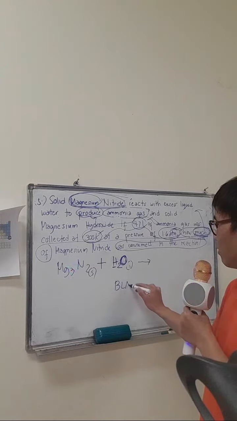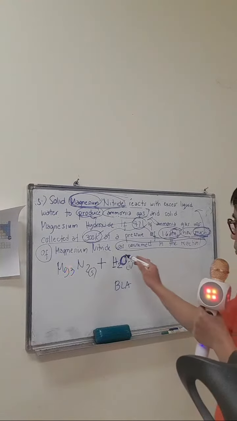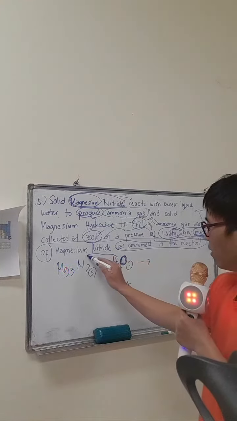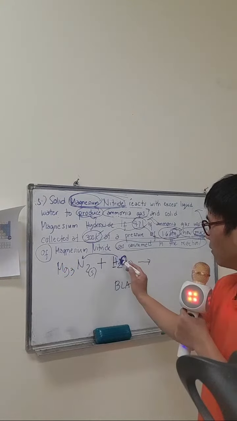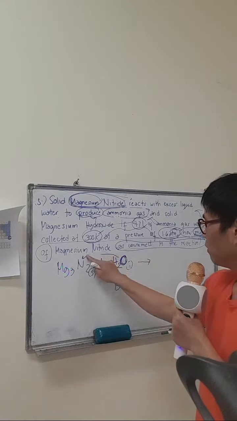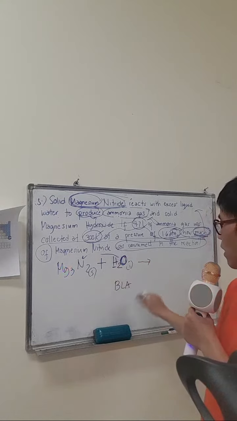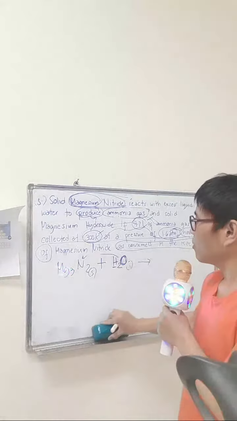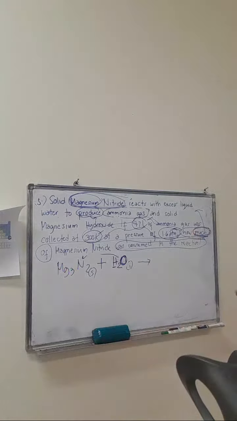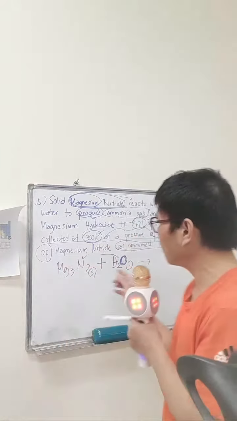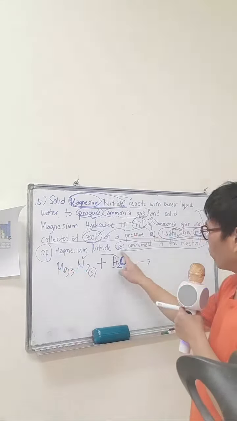Bronsted-Lowry acid. It donates a proton. In this case, we will use the Bronsted-Lowry acid because it makes things easier. Or we can also use double displacement, but double displacement is very complicated because it's water.